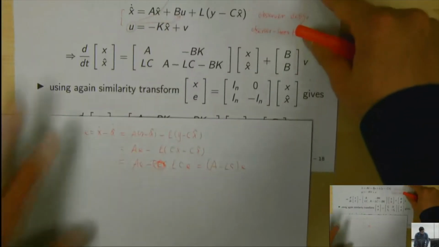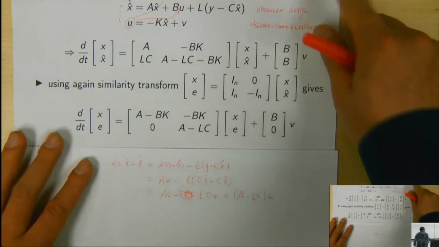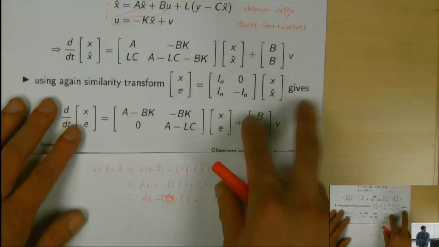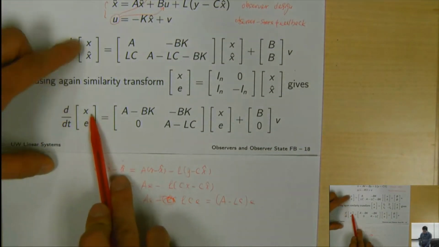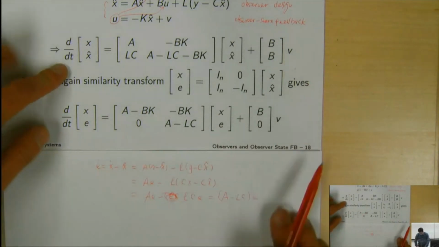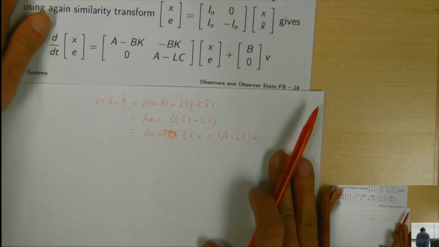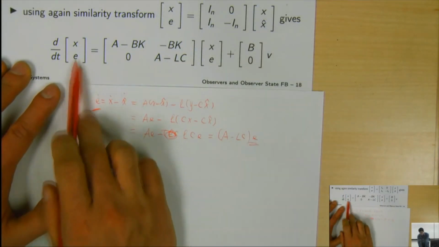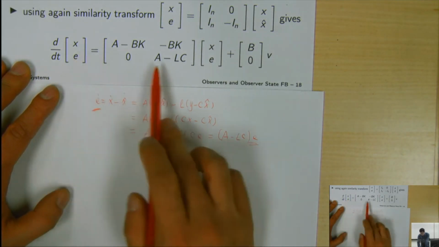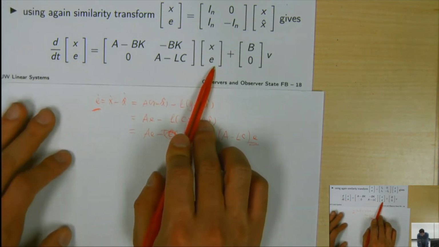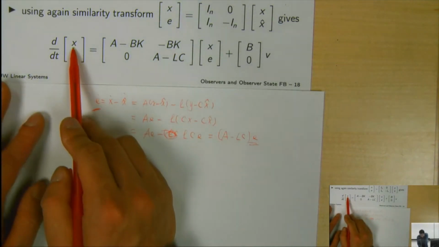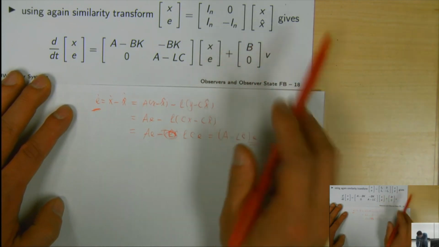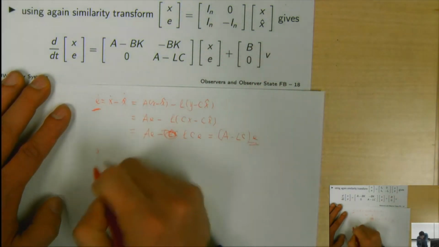So we can write the system equation in this form. On the bottom, e dot equal to A minus LC times e. We would still want to express x dot as a function of x and e in this new set of states.